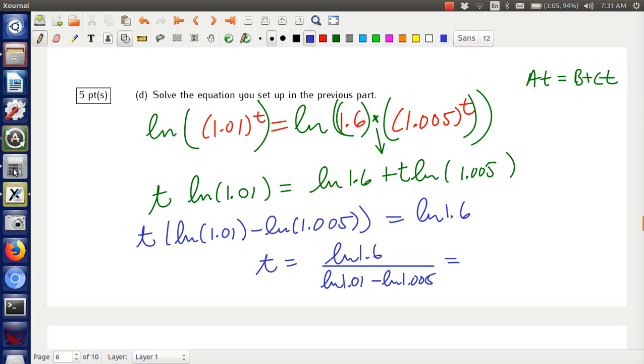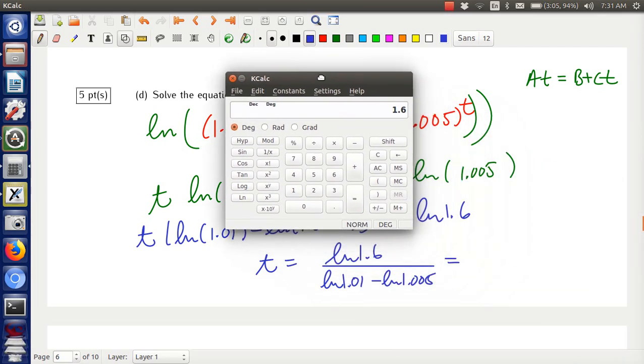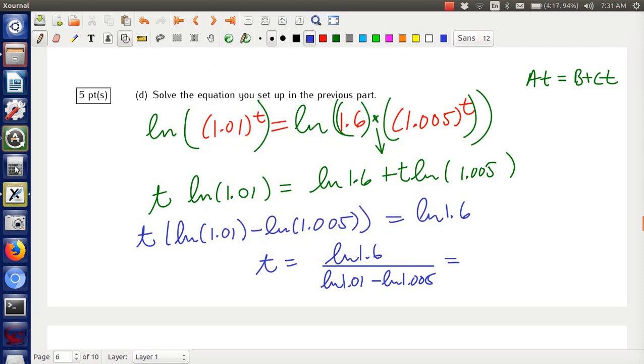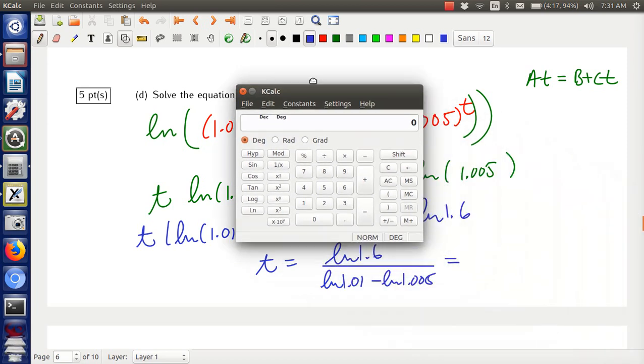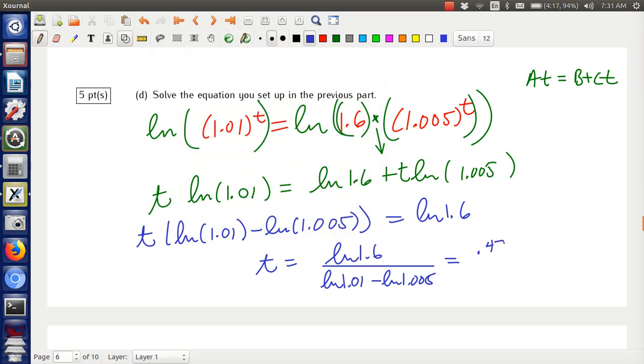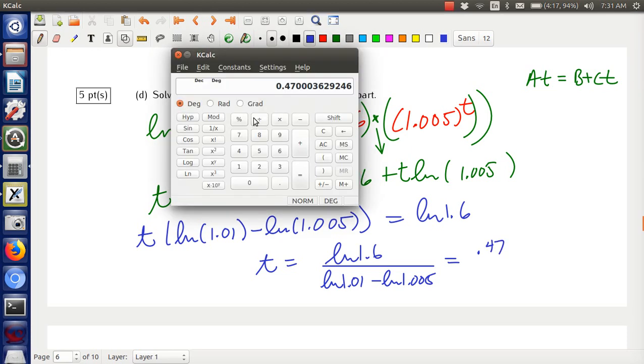So how would you type that into the calculator? Well, natural log of 1.6. I think this calculator works backwards. Let me try that. 1.6 natural log. Okay, so 0.47 is approximately right. All those digits are going to be zeros, 0.003, so there's enough digits.